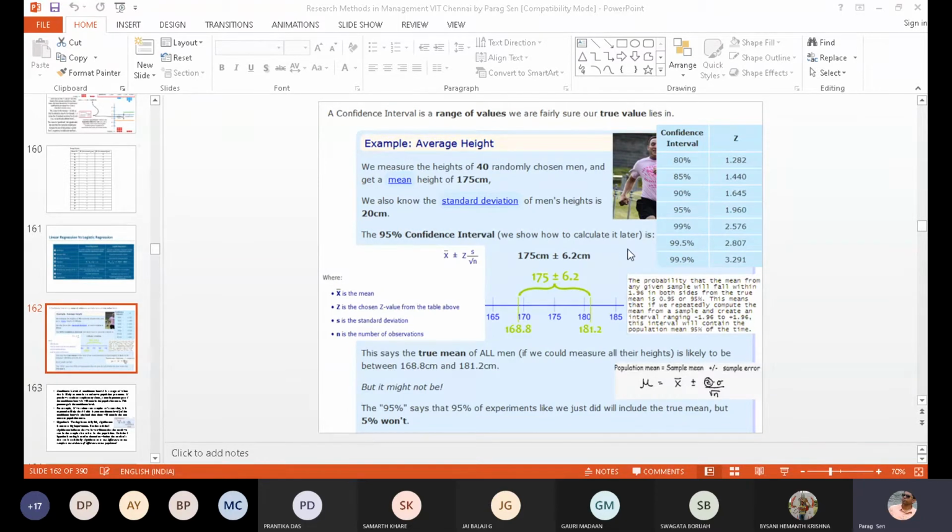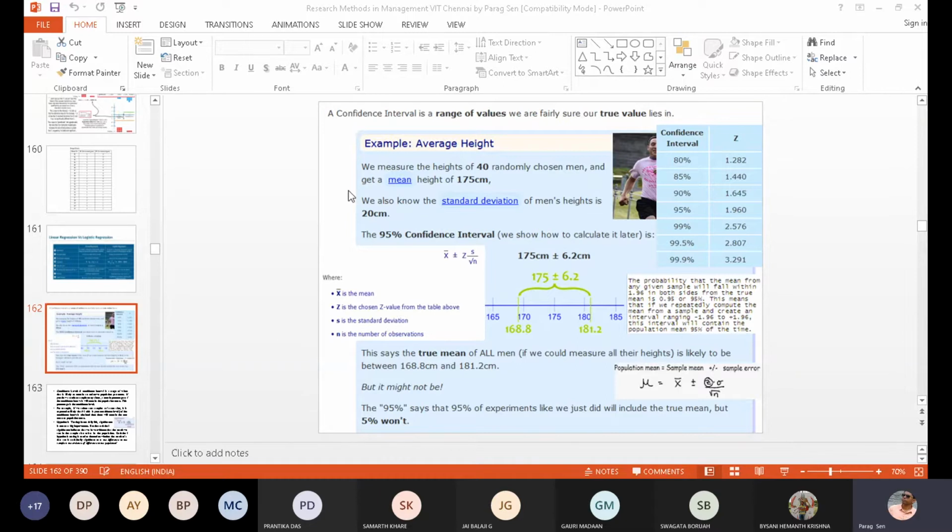So the range may not include the true population mean.